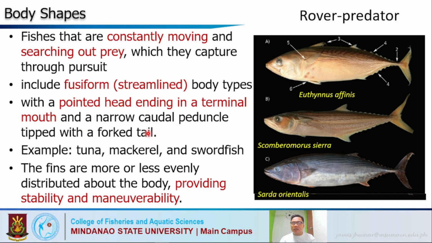Later on, we will discuss what a forked tail, a narrow peduncle, and a terminal mouth are. The mouth shapes probably will be discussed in the next lecture discussion. It will not be covered for today's session. Examples are tuna, mackerel, and swordfish.